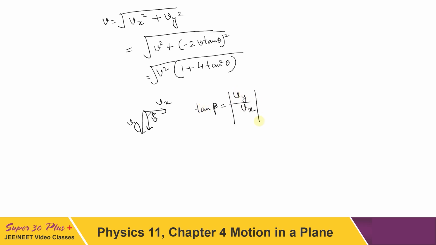Of course, we are interested only in its magnitude. So that will be equal to mod of minus 2v tan theta upon v. From here we got this is equal to 2 tan theta. So the angle which it is making with x-axis is tan inverse of 2 tan theta.